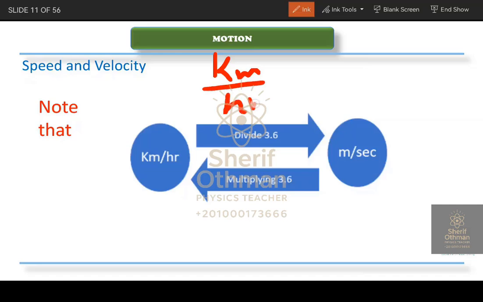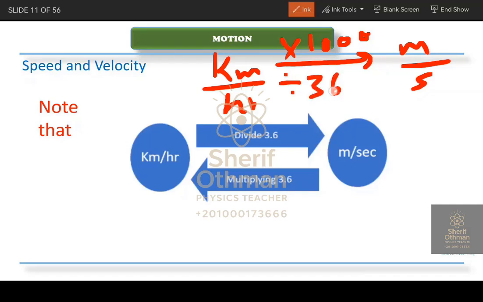So, converting kilometer to meter means you multiply by 1000, while converting from hour to second means you divide by 3600.